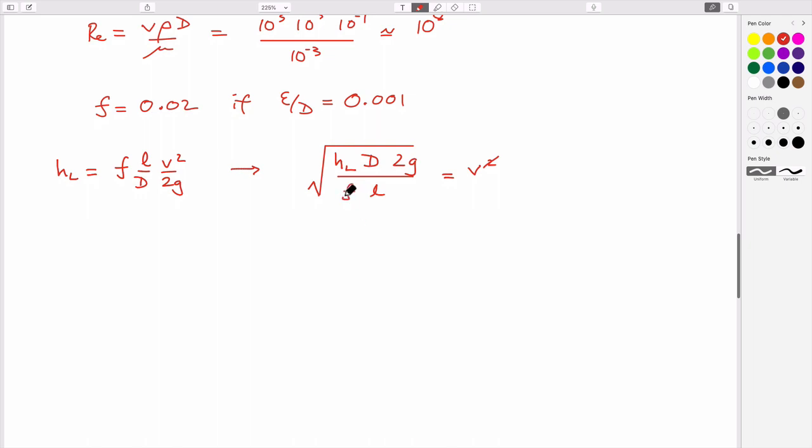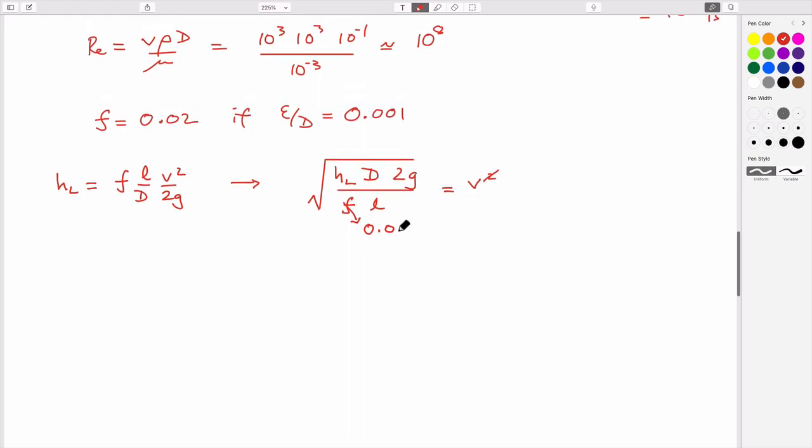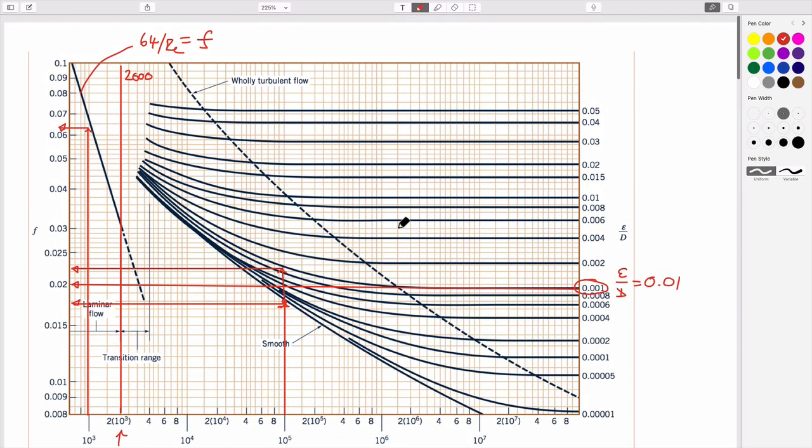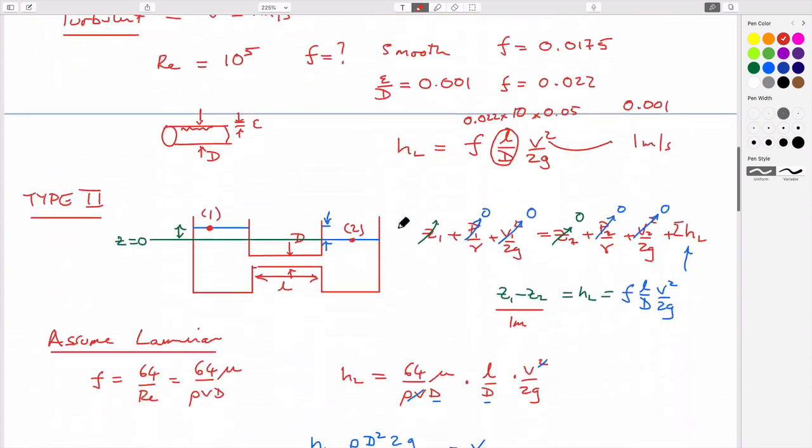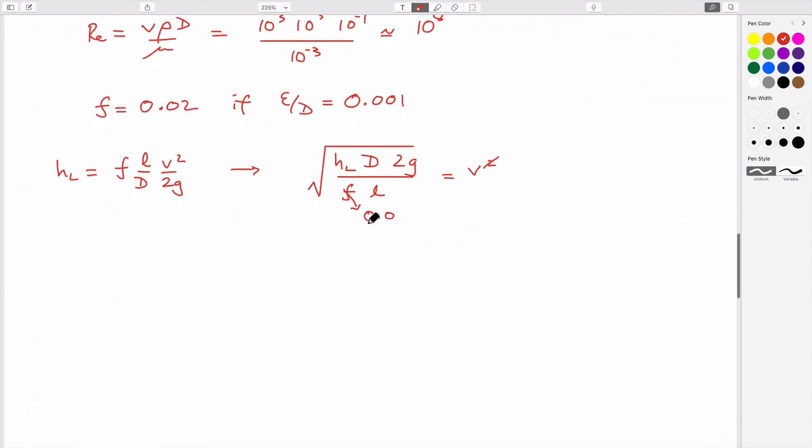So what we now know is that this friction factor has to be 0.02. Is that right? I haven't missed a digit off, have I? No, 0.02. And so we can do that.